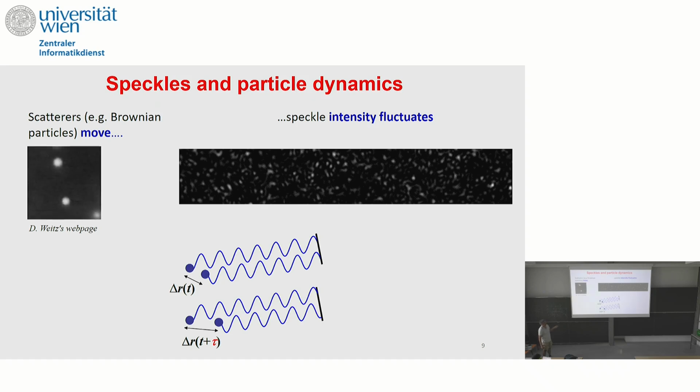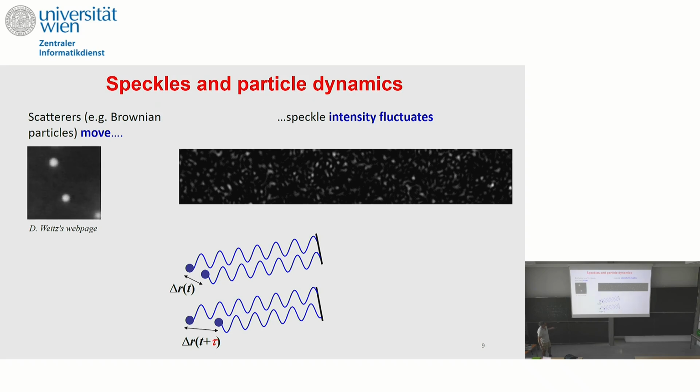When it reaches the detector, you have a relatively high value of the electric field here, and the same here. So the contributions of the light scattered by these 2 particles add up in a coherent way, and you will have a very bright spot.